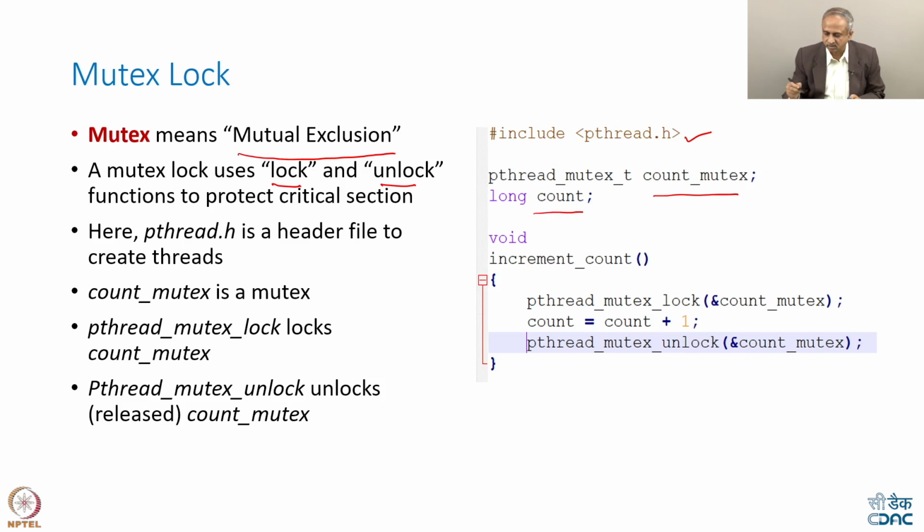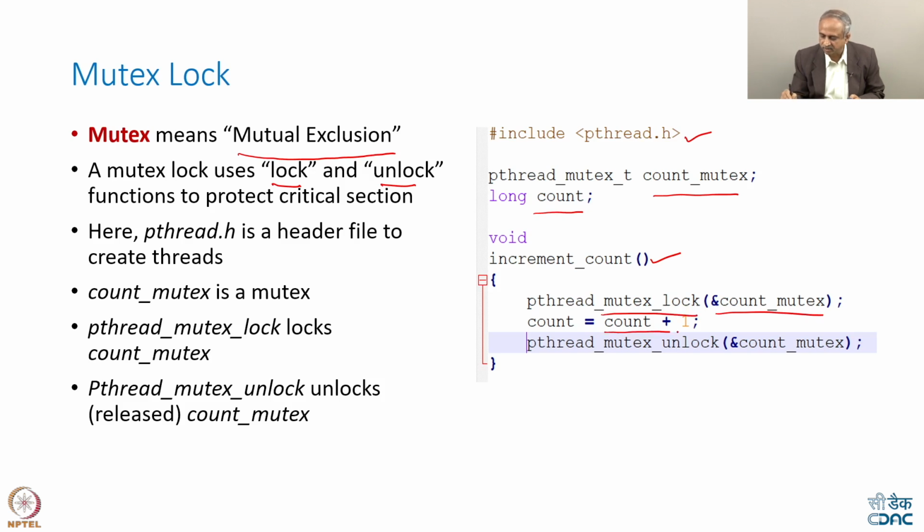Now, here is a module, a section of code which will increment the count. So, what does it do? It will first acquire the lock by passing this count mutex variable to the lock call.